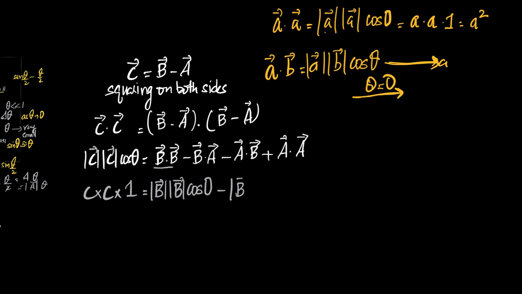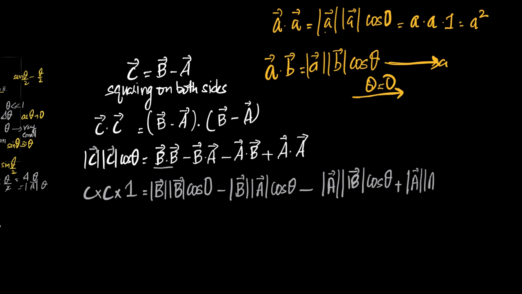It is modulus of vector b into modulus of vector a into cos theta, minus, what is vector a dot vector b? It is modulus of vector a into modulus of vector b into cos theta, plus, what is vector a dot vector a? It is modulus of vector a into modulus of vector a into cos theta.